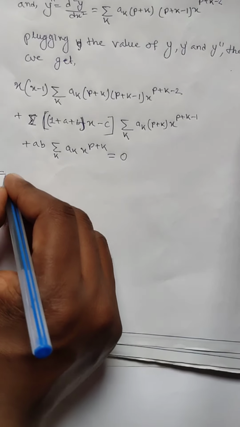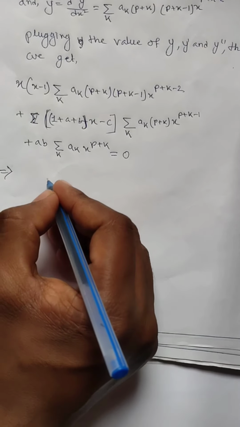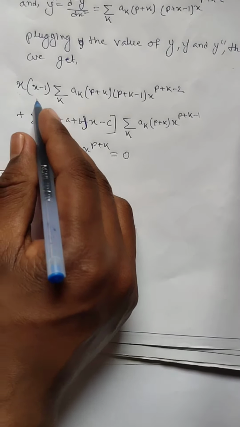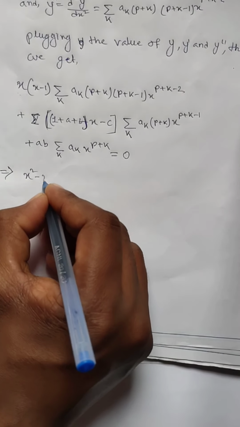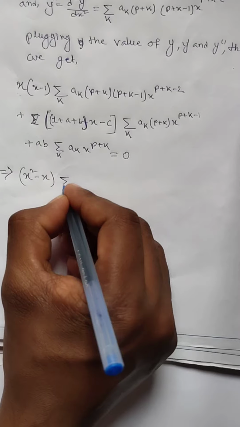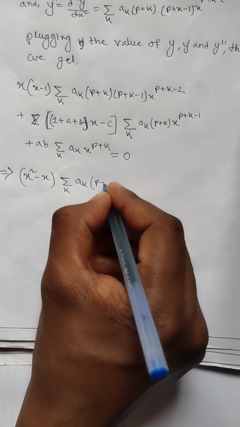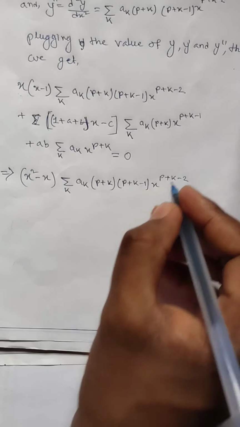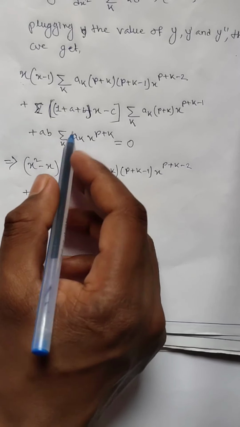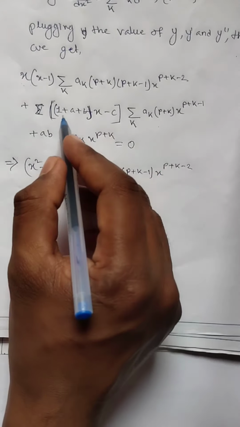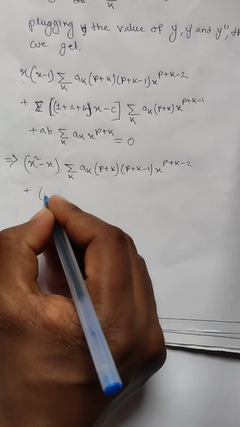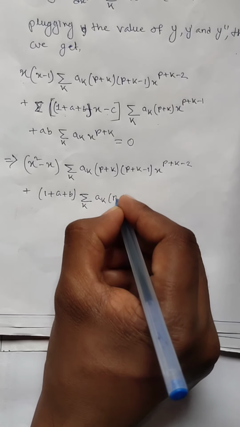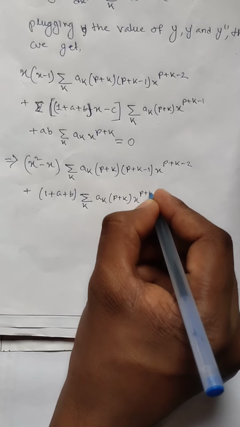Now if we multiply, we get minus x times the summation over k of a_k (p plus k)(p plus k minus 1) x to the power p plus k minus 2, plus, if we multiply this with this and this, we get (1 plus a plus b) times the summation over k of a_k (p plus k) x to the power p plus k.